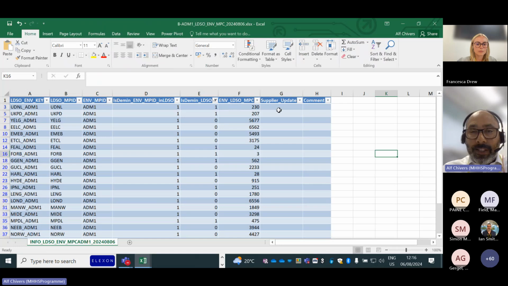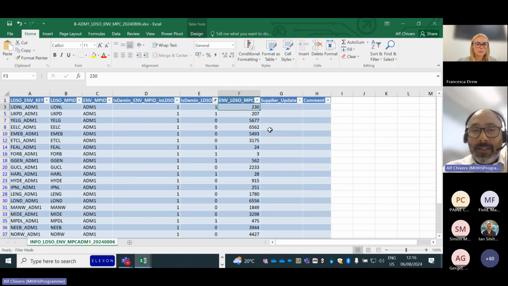So what we can see here is, for this particular LDSO, this envelope MPID has this many MPANs, and because it's a de minimis supply, we have these flags, and these are booleans, true or false.